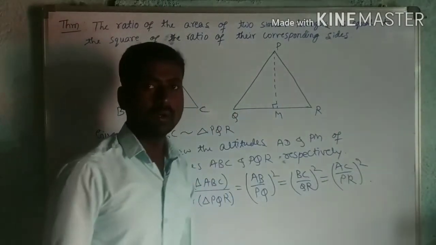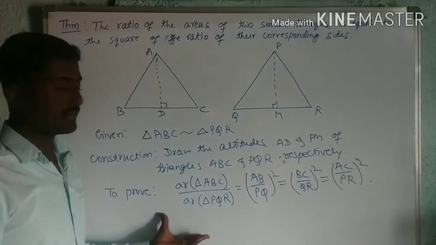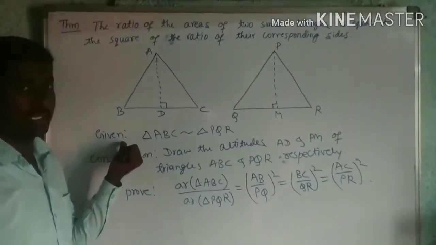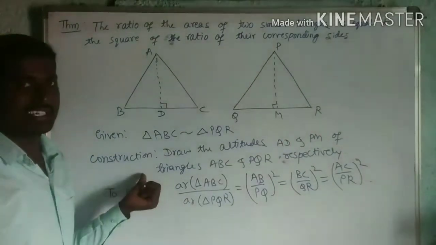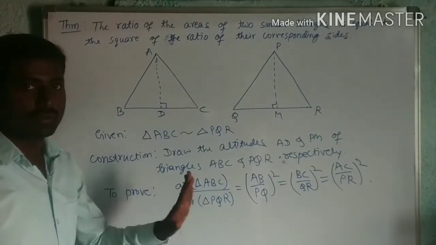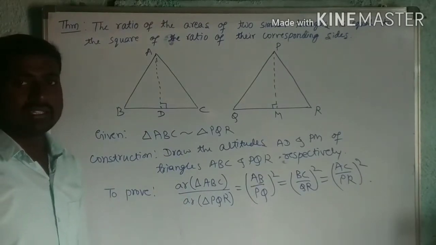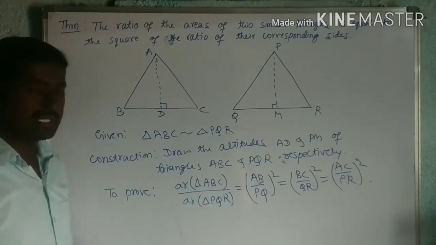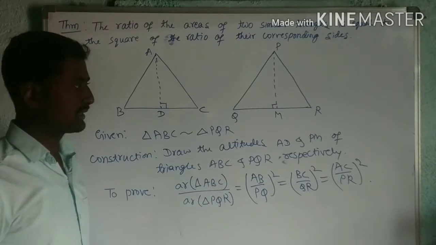Okay, we have to prove this. So first I took the given, then the construction that I constructed, then what we have to prove. Next, the long step is the proof. So let us go for that.